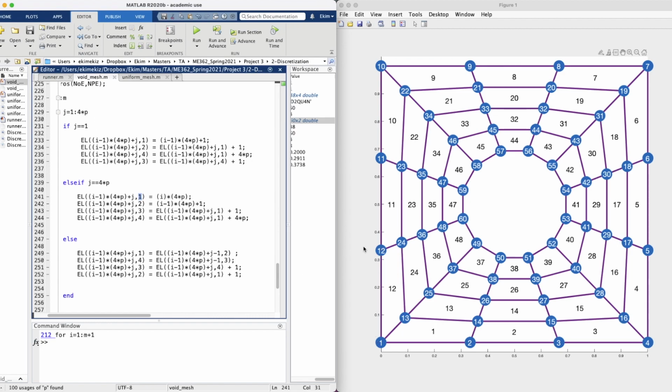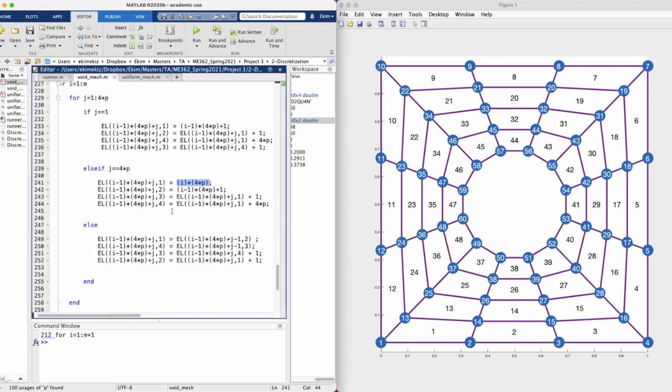Okay, and so this is the first node of the element. And the second node should be that thing on the previous row. So, for example, if we're looking at the 24th node, it should be that thing on the previous row, so 12 plus 1.